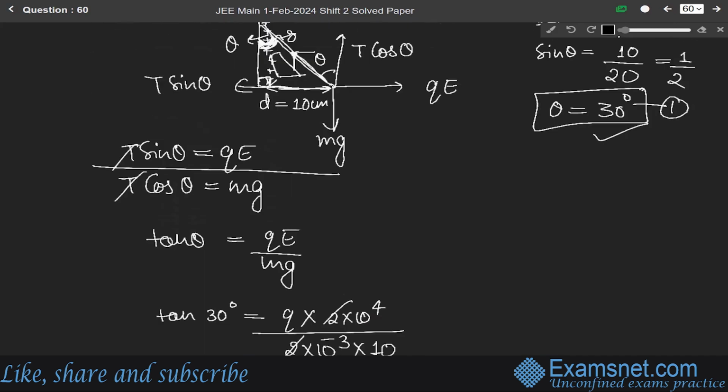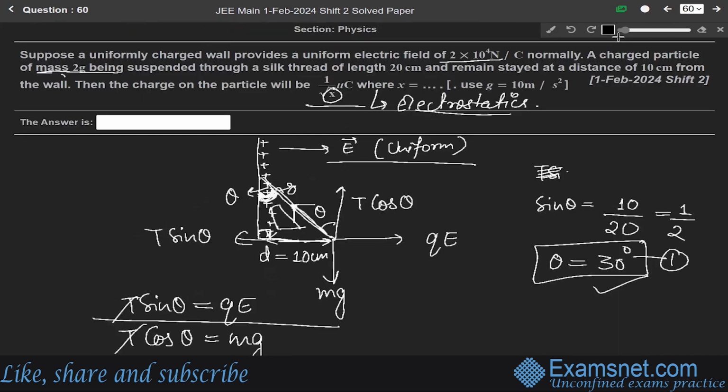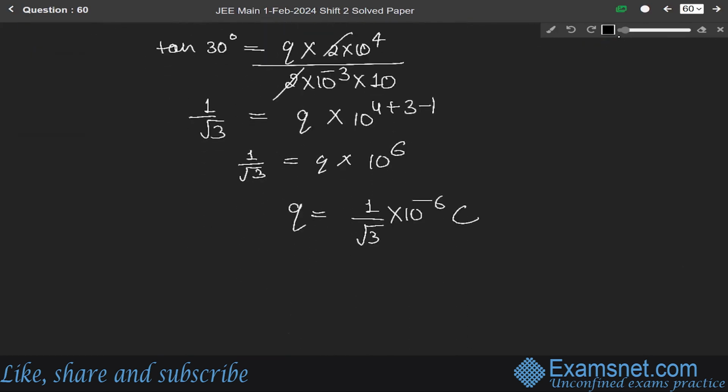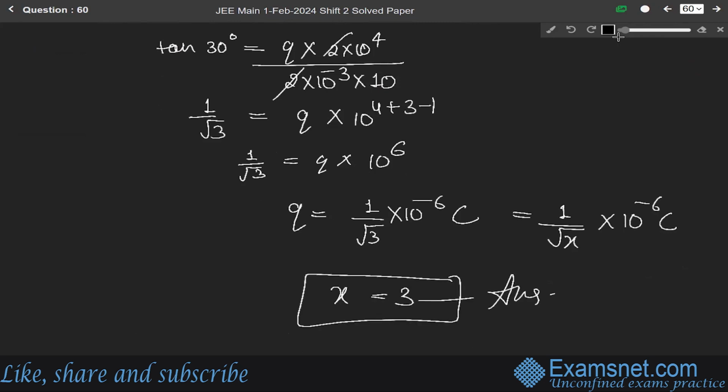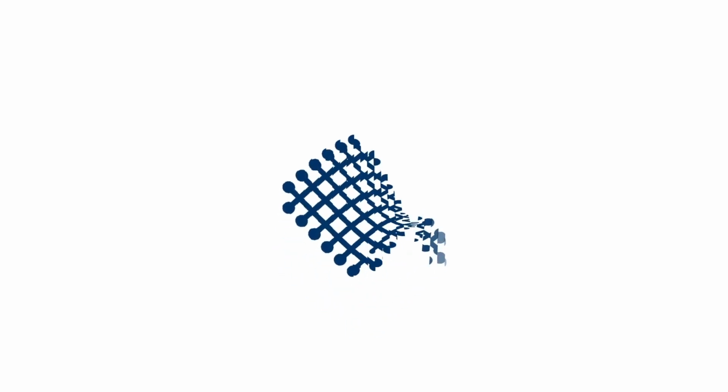Now comparing it with the given form in the question, 1 by under root x into 10 to the power minus 6 coulomb, we get x equals 3. So this is our final answer.